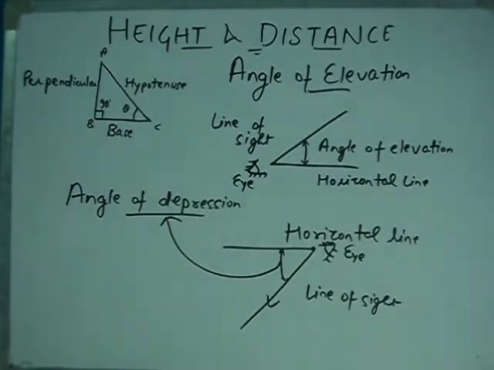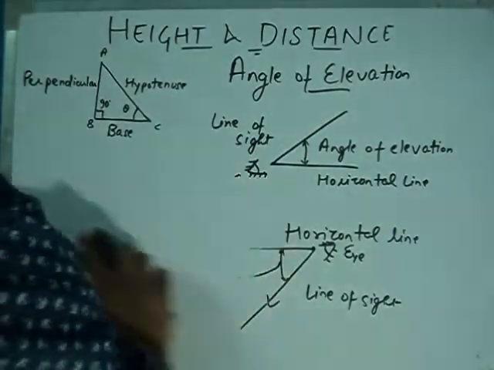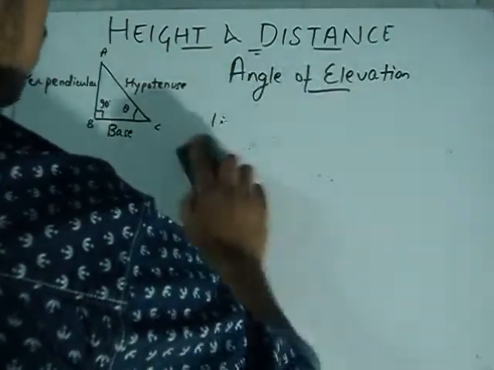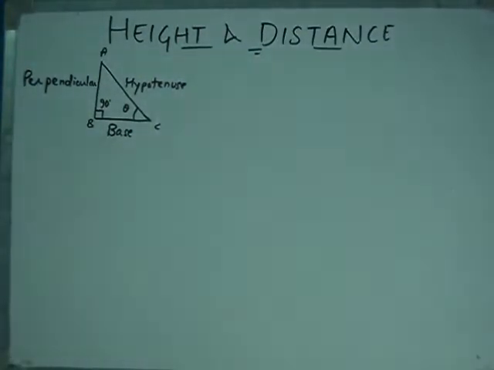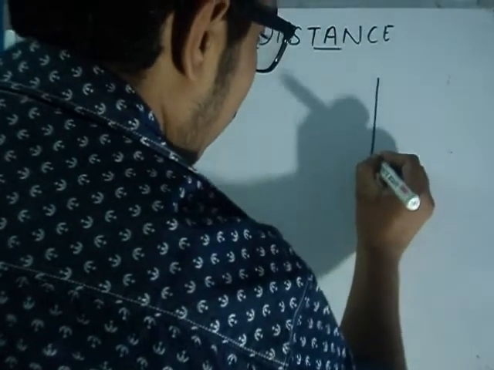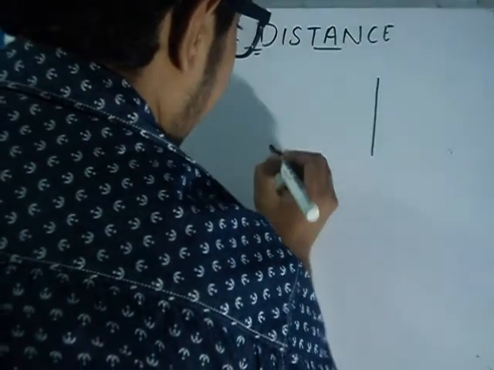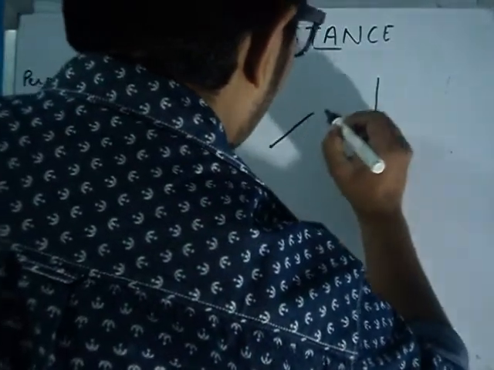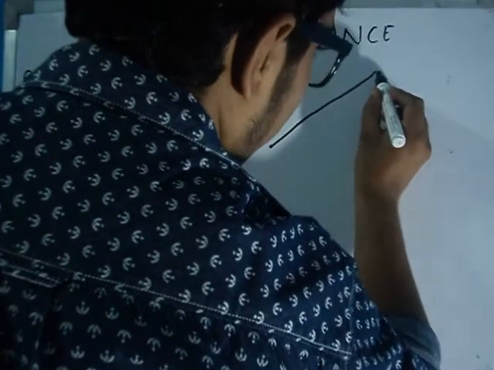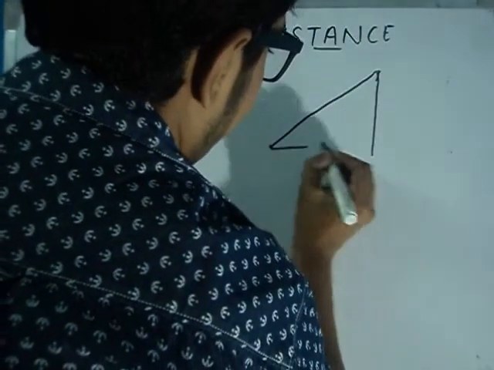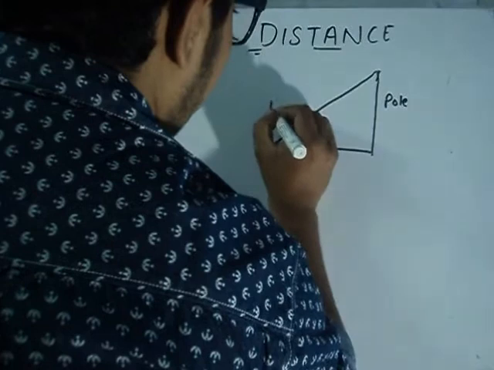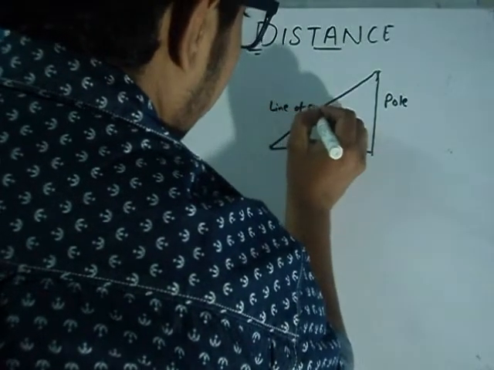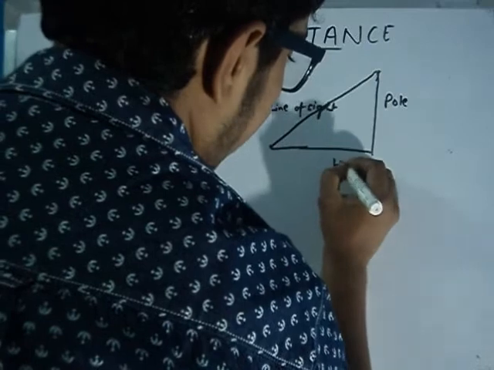Let's take an example to clarify the points. Suppose we have a pole, and a person is standing here and seeing the top of the pole like this. This is the top of the pole, this is the line of sight, and this is a horizontal line.